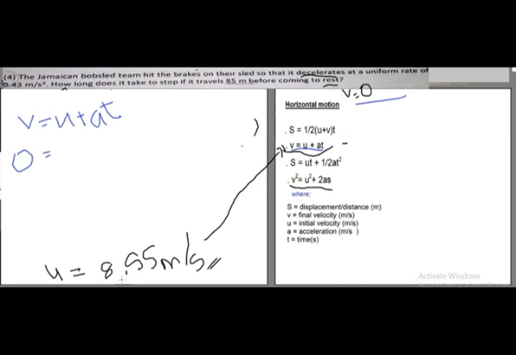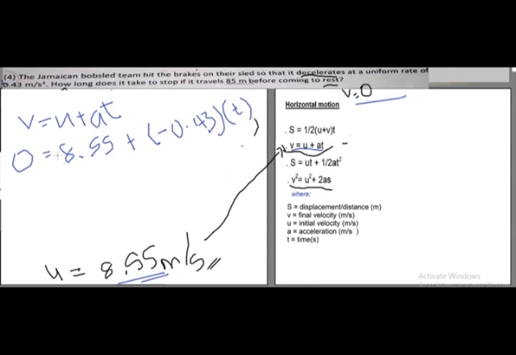The initial velocity is 8.55, plus the acceleration is negative 0.43, and the time is unknown. We have to calculate for time.